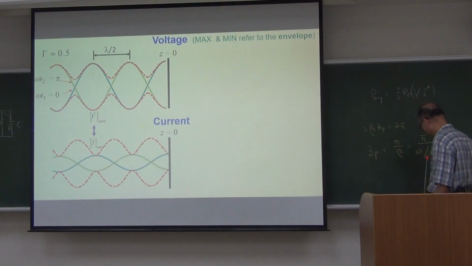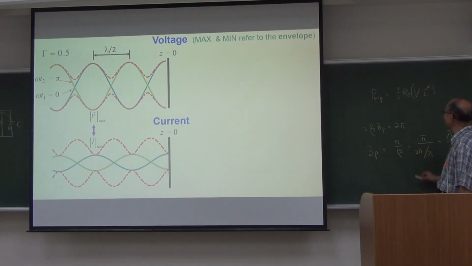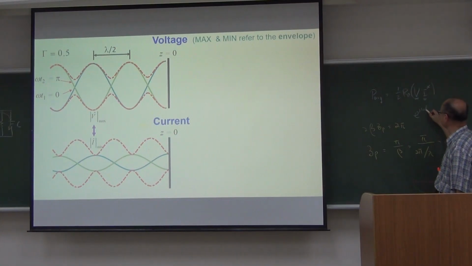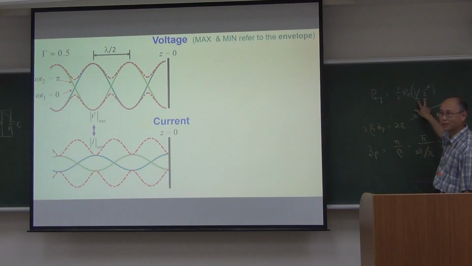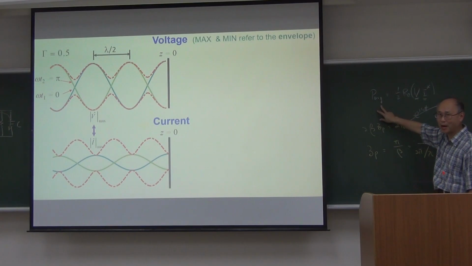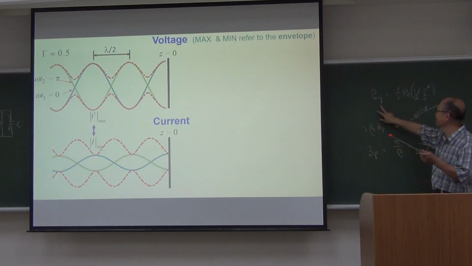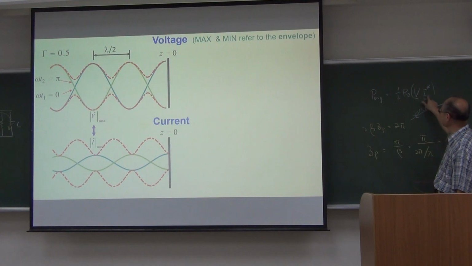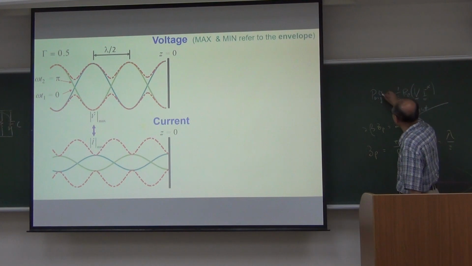Why? Because when we do this calculation, we actually drop the exponential j omega t; this is the envelope function. Here, if you have a fixed average power on the transmission line, when this becomes larger, that one becomes smaller, and when this becomes smaller, that one becomes larger. This is a function of t.